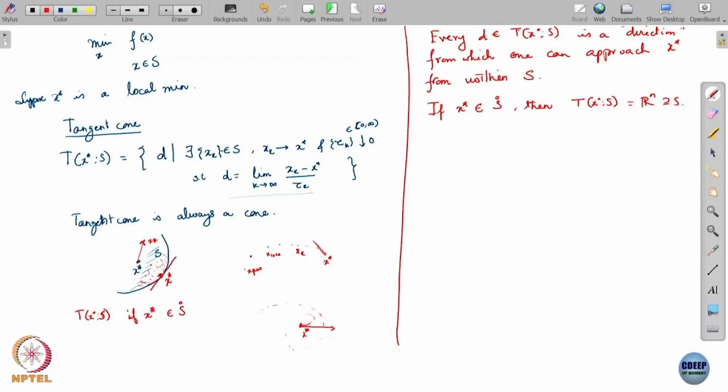All of these are possible directions by which you can approach the point x star, right. So let me draw this more neatly. If your point x star is here on the boundary, then in short, this entire thing here would be the tangent cone, all of these directions.